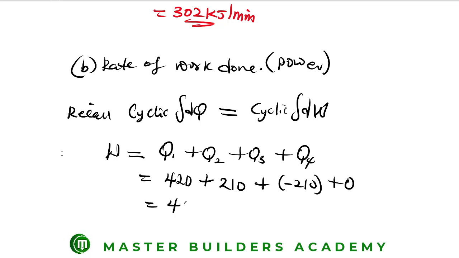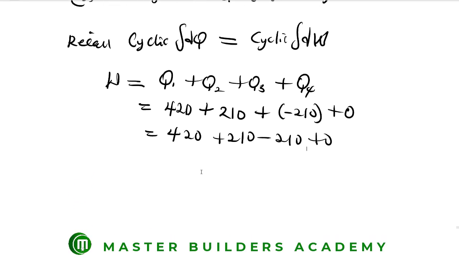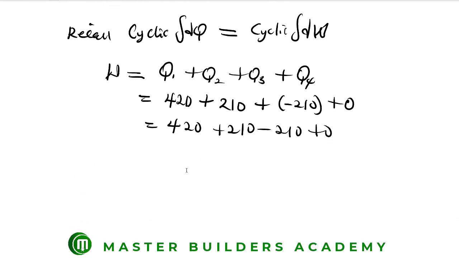When we simplify this, we have 420 plus 210 minus 210 plus 0. Removing 210 from 210, we have 0. Then the work done here is 420 kilojoule per minute. Now, this is not the final answer, but this is the rate of work done.